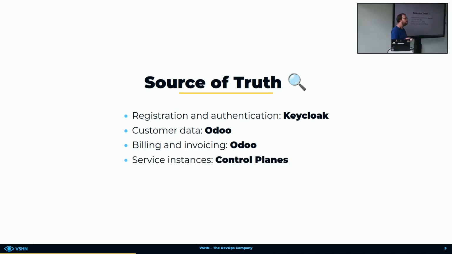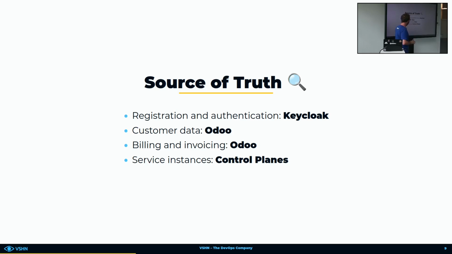The service instances themselves are stored in the control planes. So the control planes are on their own. The portal just writes information to the control plane and then can go away, and everything continues to run. And this is also very important for resilience of the whole system. We don't want to have service interruption because the portal is probably not available for whatever reasons.